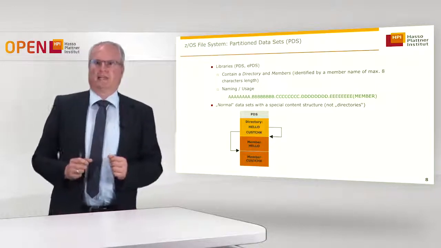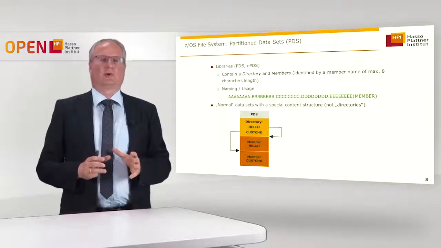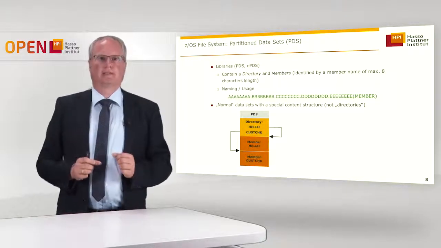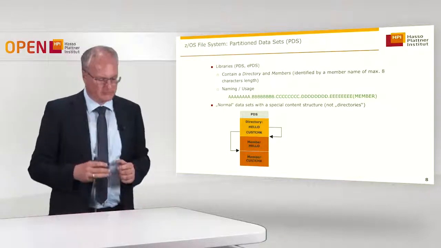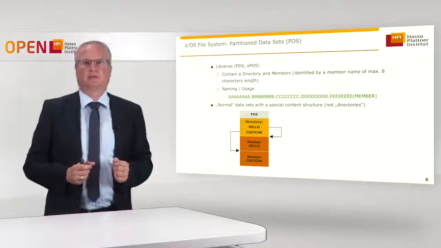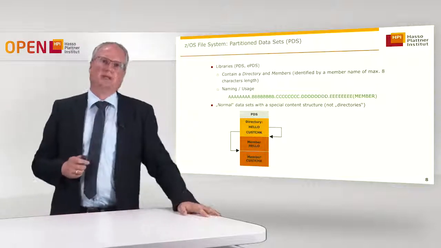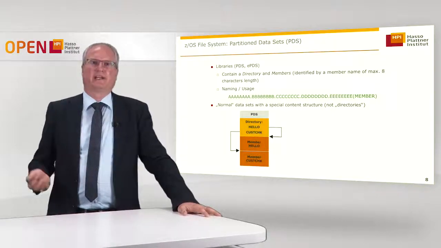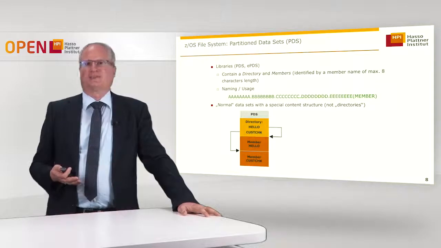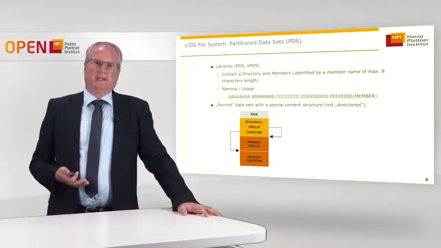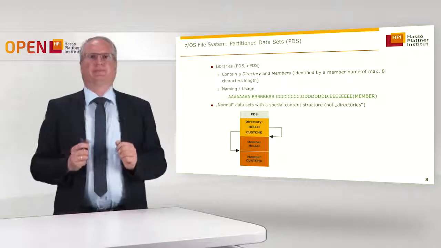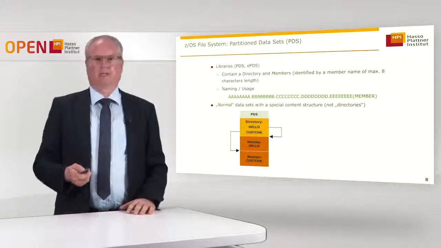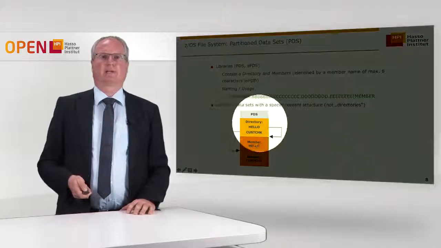This is called the PDS, partitioned datasets. Later on an extended format called ePDS was added, but it's very similar regarding the use. These two types of files can be understood as a kind of library. So basically these PDS are just datasets, but they have an internal structure that consists of a directory in the beginning.